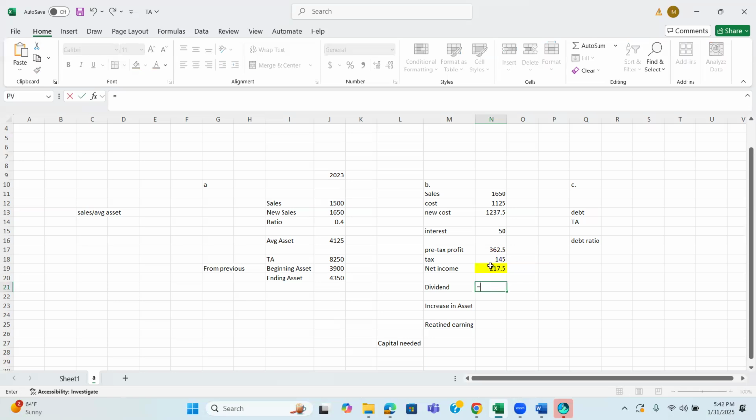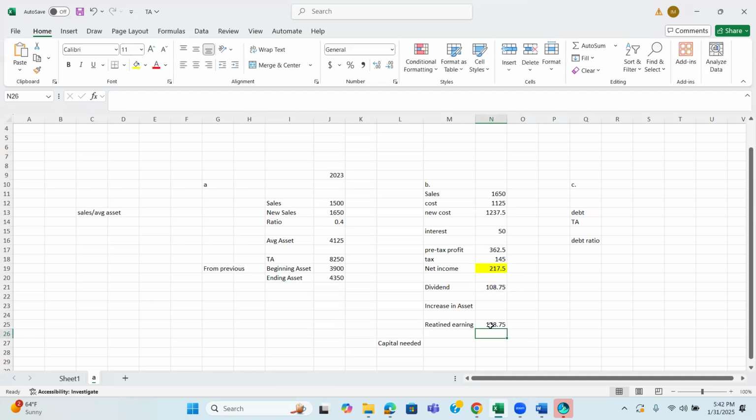So your net income is 217.5, and you are giving 50% as dividend, 108.75. Thus your retained earnings should be your net income minus the payment of dividend.